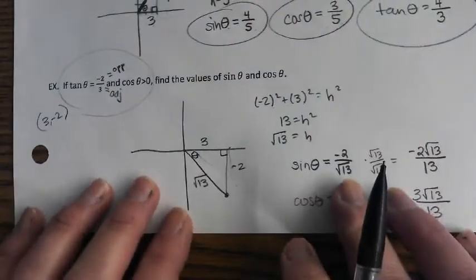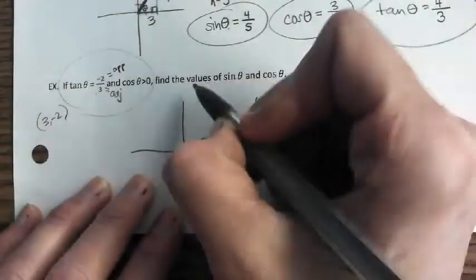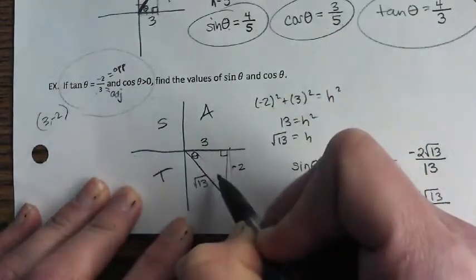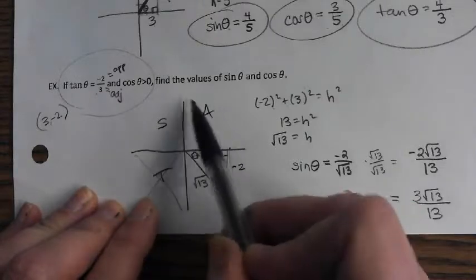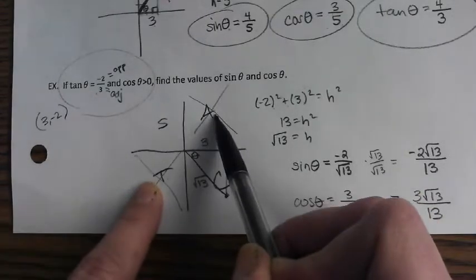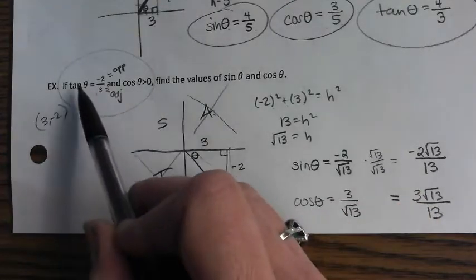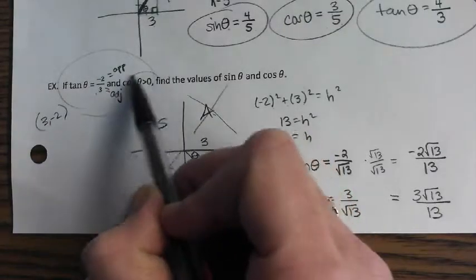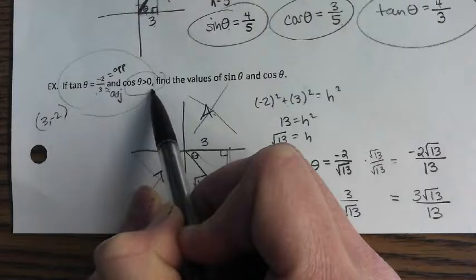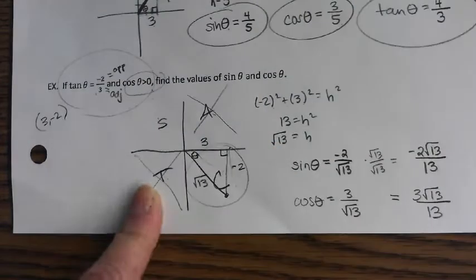So if I go back to this example now, and you can just watch up here, I knew tangent was negative. So it couldn't be in this quadrant because tangent's positive there, and it couldn't be in this quadrant because tangent is positive there. So I knew just by the fact that tangent was negative that it had to be here or here. And then because cosine was positive, greater than 0, I knew it was in the fourth quadrant.